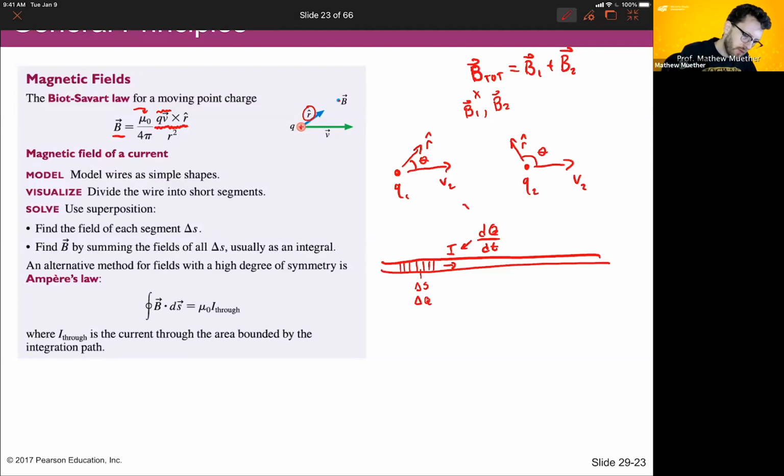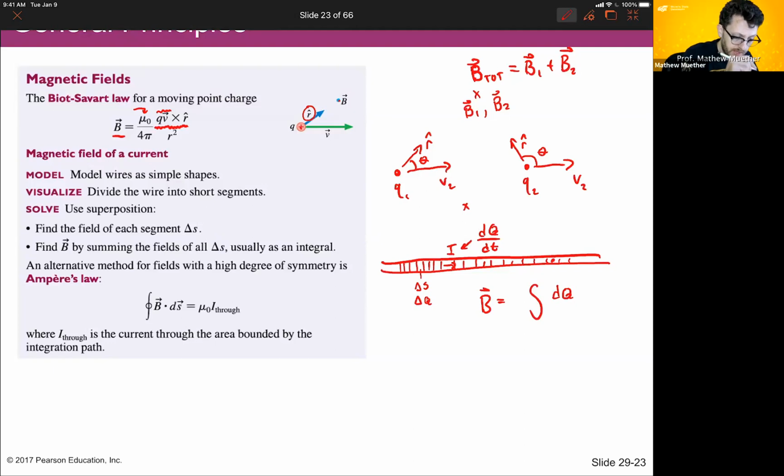If I want to know the magnetic field at this point in space, I could divide this wire up into a bunch of little regions, find the charge in each of the little regions, and sum up, integrate over that space. I could find the ds here, and the total B at that point would be something like the integral of dq times the velocity.